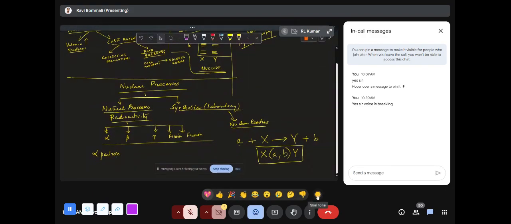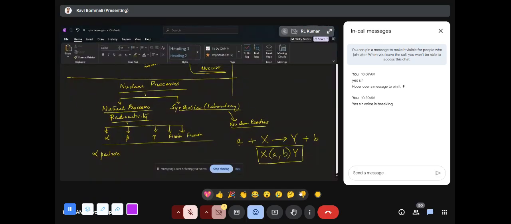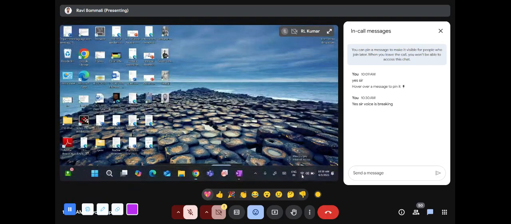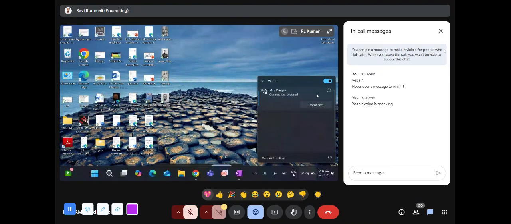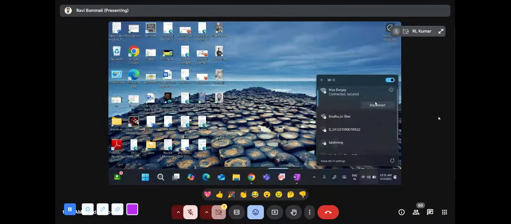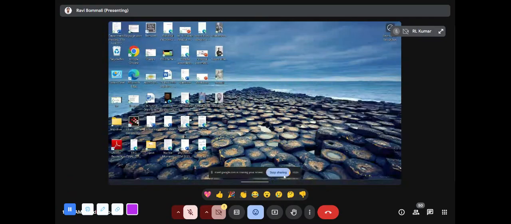I'll connect with my hotspot. One second.